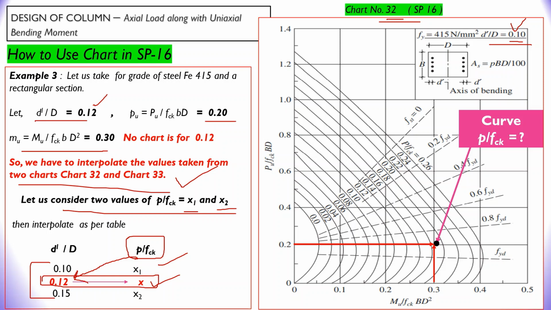In the next lecture, we are going to take one example based on these design parameters, and you will be able to understand more clearly how to practically use these charts when we have to design a column. So in lecture number 28, we will be going to design a column.